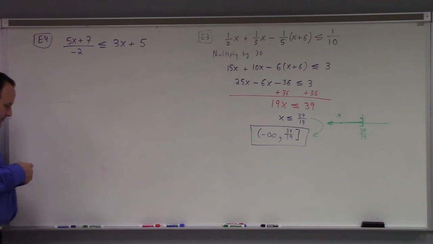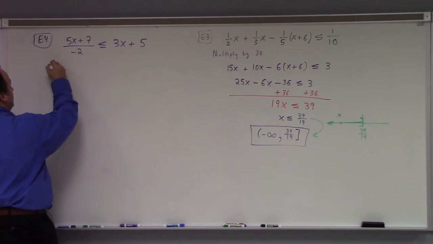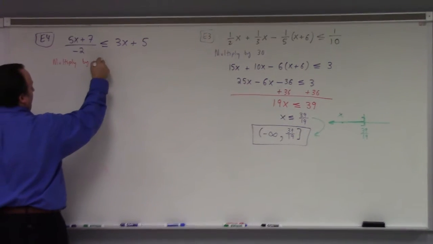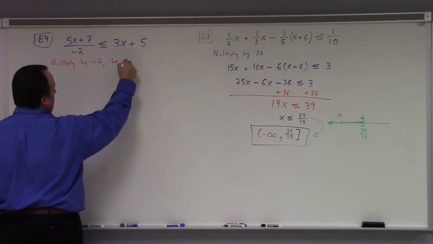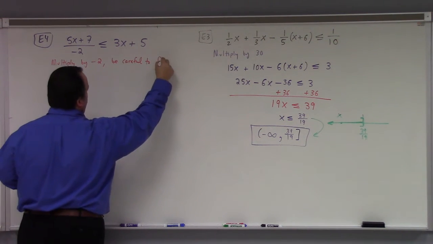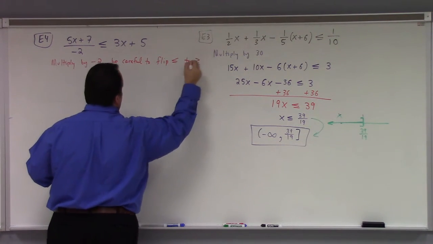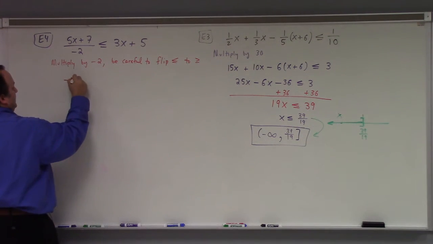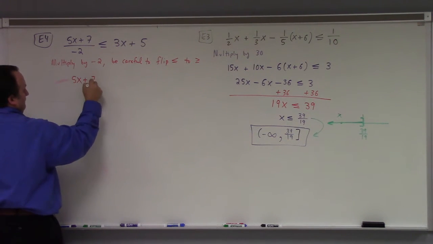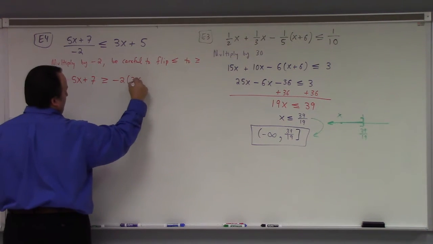Now we've got to be careful. When we multiply by minus 2, what must we mind? Be careful to flip less than or equal to, greater than or equal to, right? So we get 5x plus 7 greater than or equal to minus 2 times (3x plus 5).